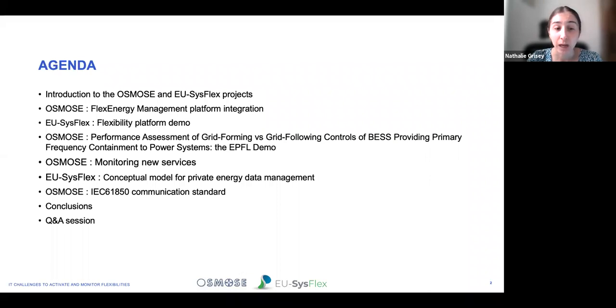From EU-SysFlex we'll have two presentations on a generic platform they have developed to exchange energy data, and we'll see what the benefits of such a platform in future flexibility projects are. And finally, we'll have a presentation from OSMOSE on the IEC 61850 standard and what the benefits could be in such projects. Thank you, Christina.